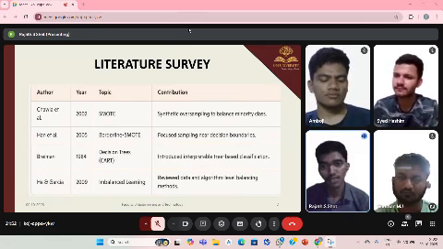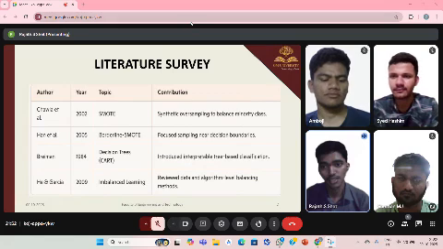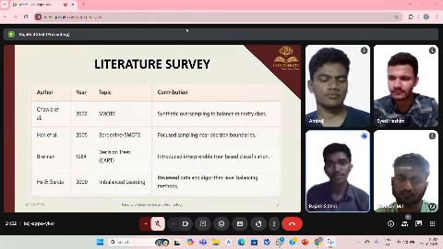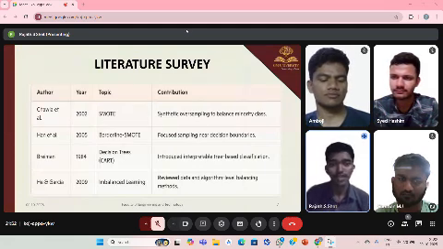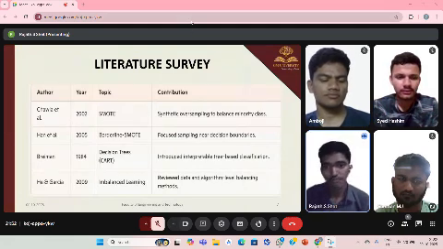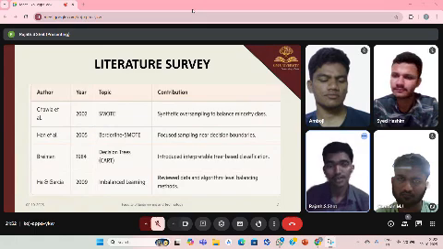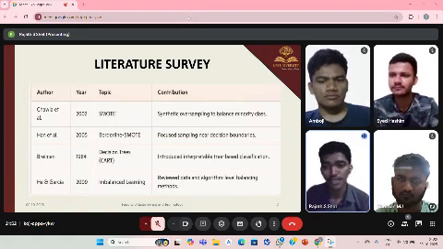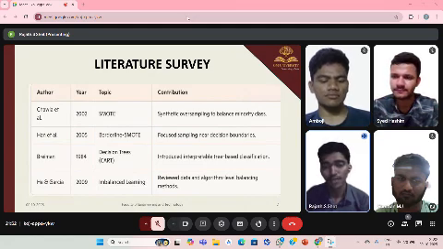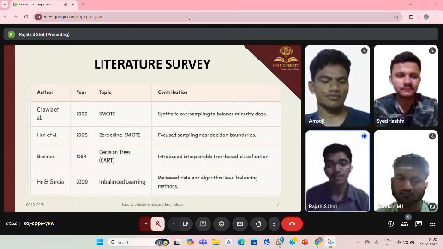And Breiman in the year 1984 had the topic on decision trees, where they introduced the tree-based classification. And He and Garcia in the year 2019 worked on imbalanced learning. In this, they reviewed data-level and algorithm-level balancing methods.